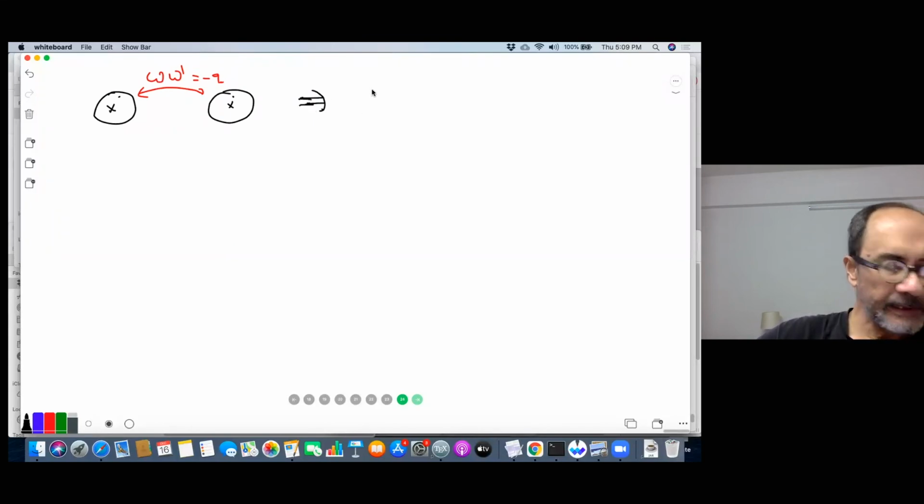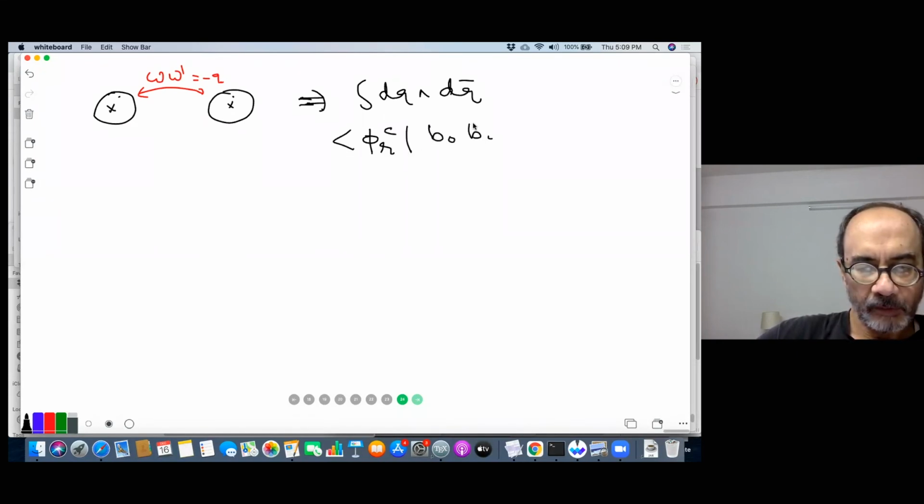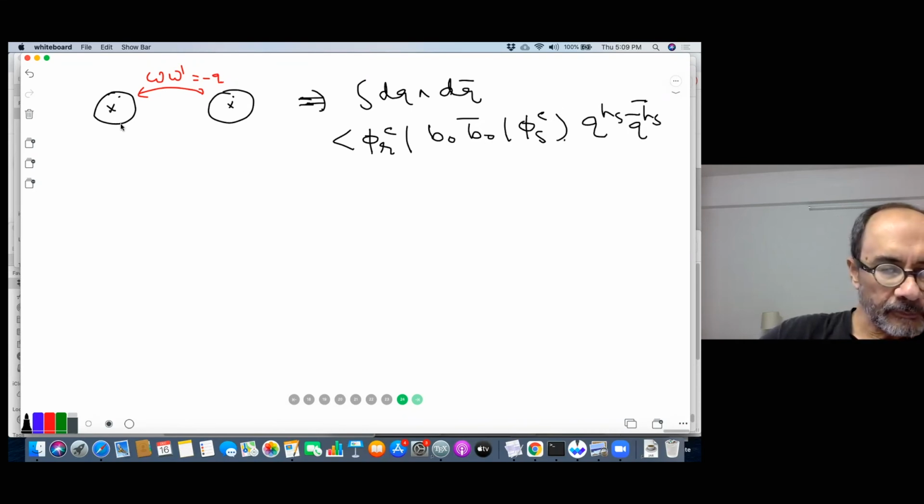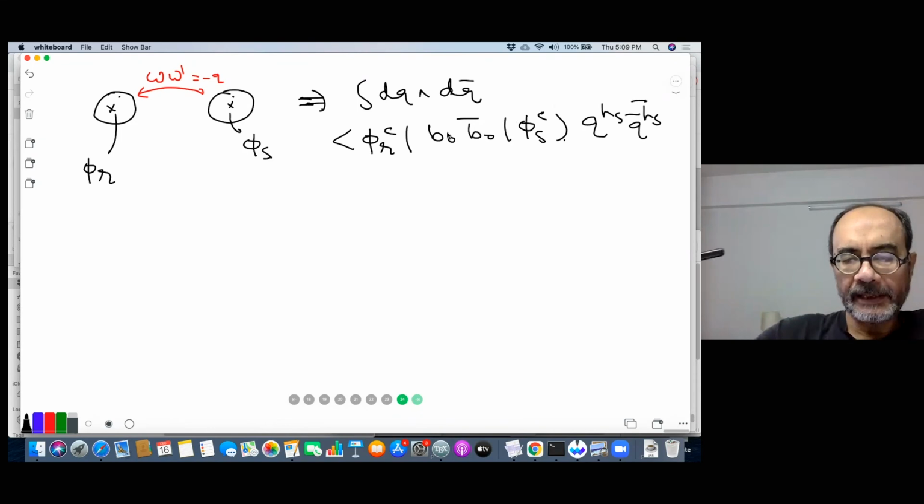This will insert the integral dq dq bar, and then phi r c, b0 b0 bar, phi s c, q to the hs, q bar to the hs bar. This is the same as what we had in bosonic string theory. This is phi r and phi s. You interpret this as a propagator joining two vertices coming out of the Feynman diagram.